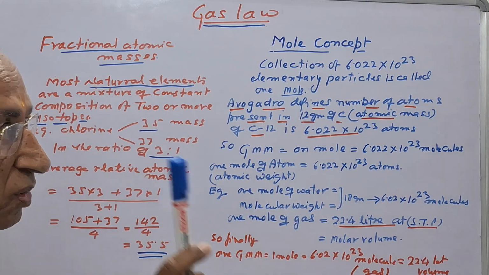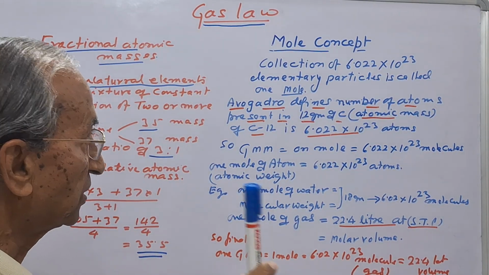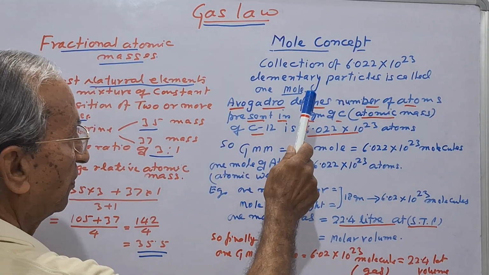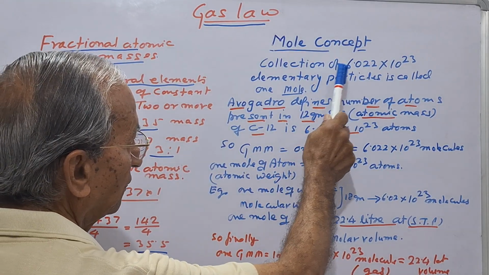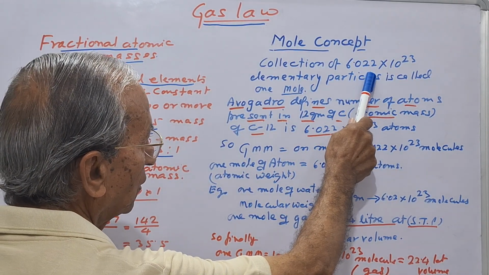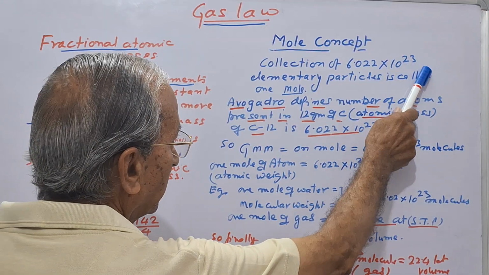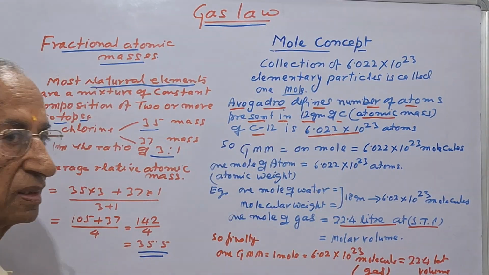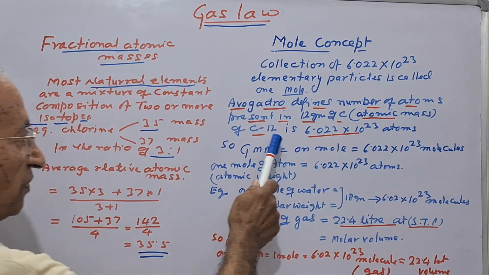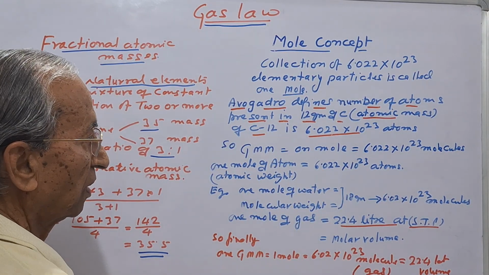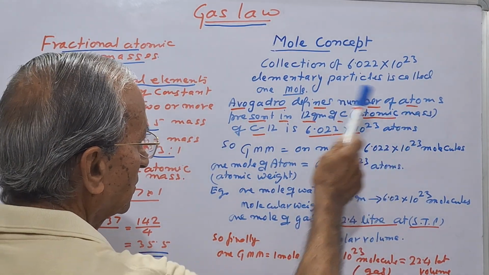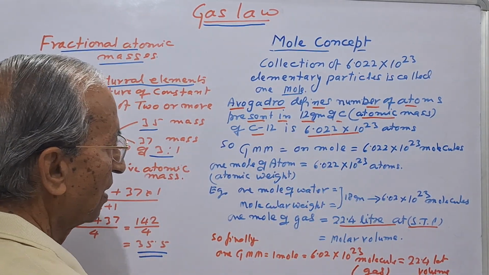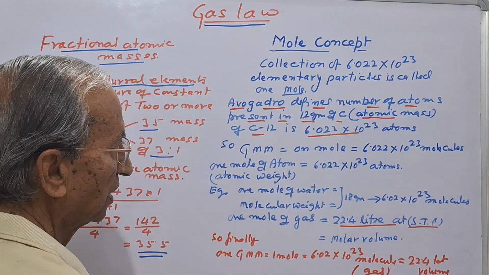Listen. So if we write a general definition, then we will say collection of 6.022 into 10 to the power 23 elementary particles is the 1 mole. And it was defined by the Avogadro by taking the atoms present in 12 gram of the carbon, that is atomic mass of carbon 12.